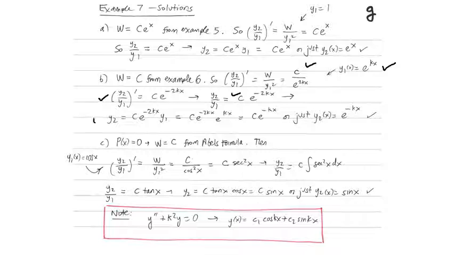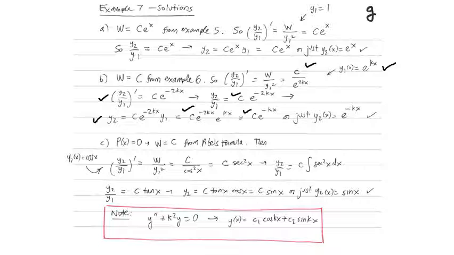Then we solve that for y2 and get y2 is c e to the minus 2kx times y1. And then we recall y1 is e to the kx here. So we plug that in and simplify and just get c e to the minus kx for our second solution.